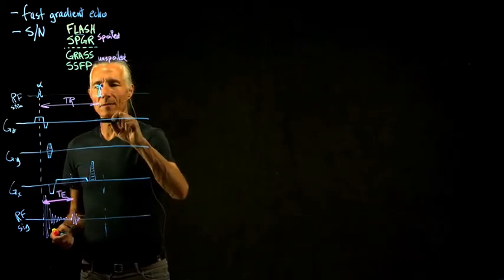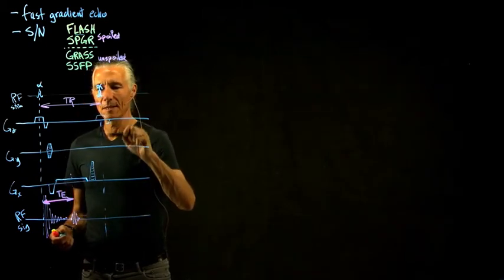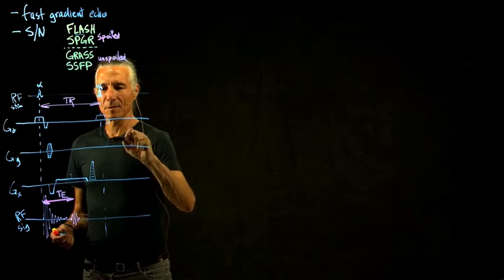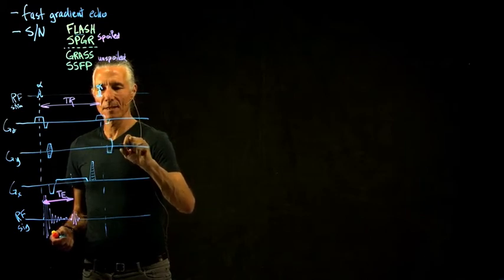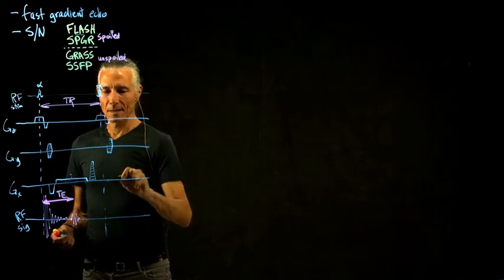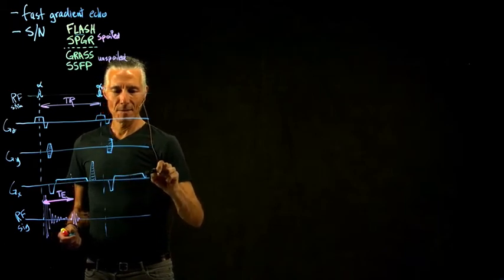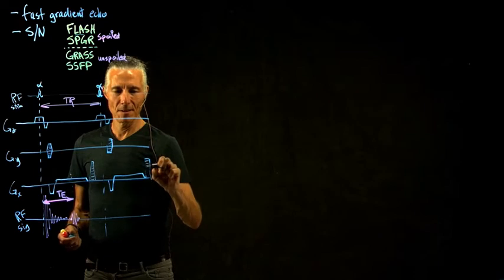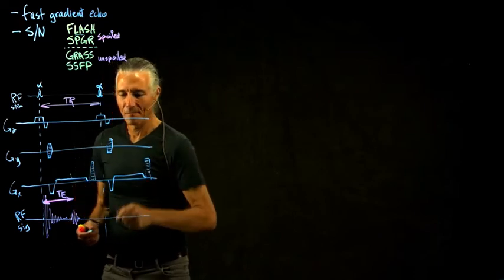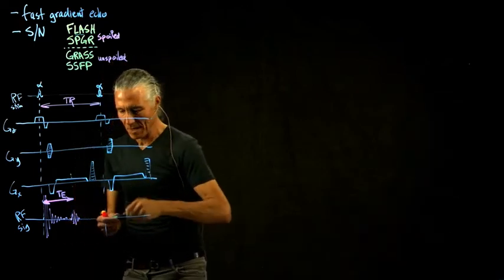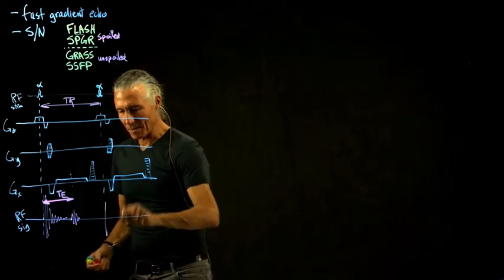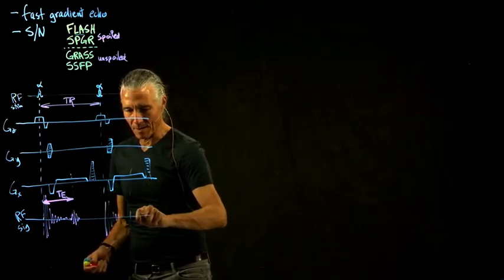And so now we select the slice again, do some more phase encoding again, and then do another readout and maybe another spoiler. And from that we would get another signal here, and then another echo over here.